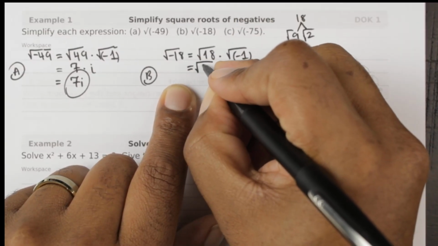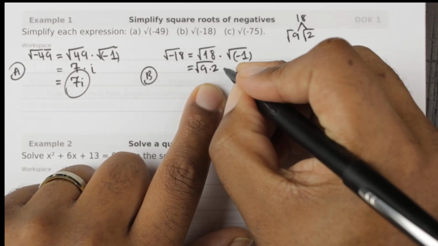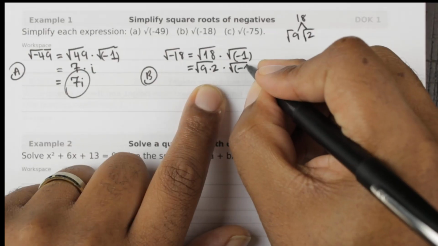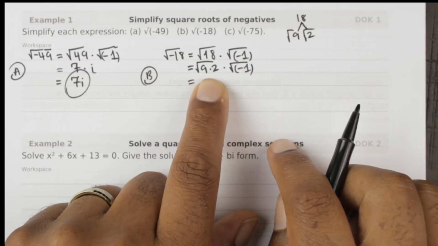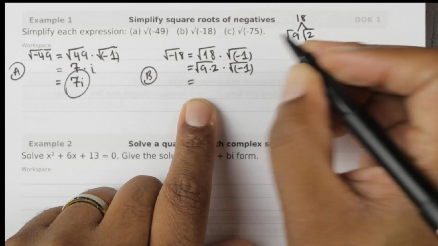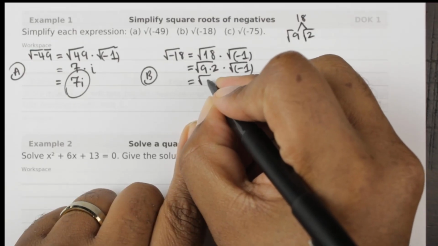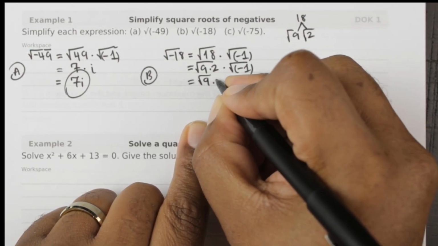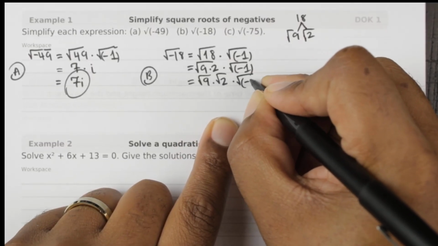So I got 9 and 2, two numbers that multiply to give you 18. Then I have the square root of -1, that's going to follow. And then notice I can take the square root of both. If I take the square root of 9, I'm going to end up with 3. Meanwhile, this 2 is going to stay in the radicand. So I have the square root of 9 times the square root of 2 times the square root of -1.